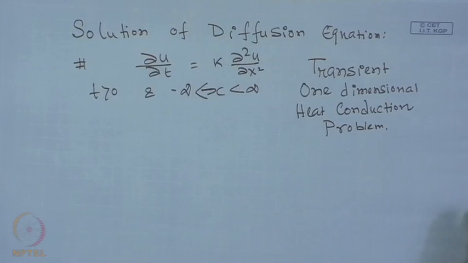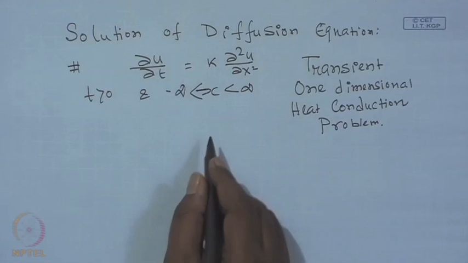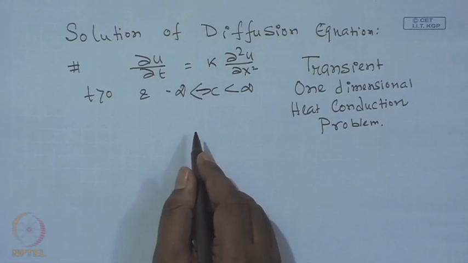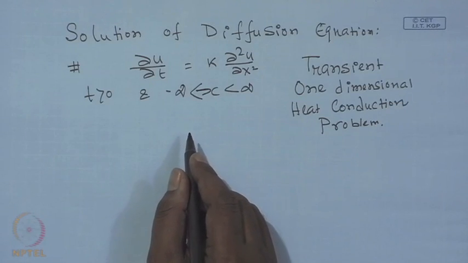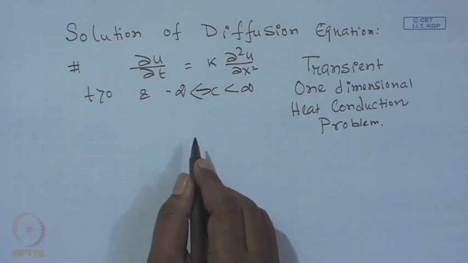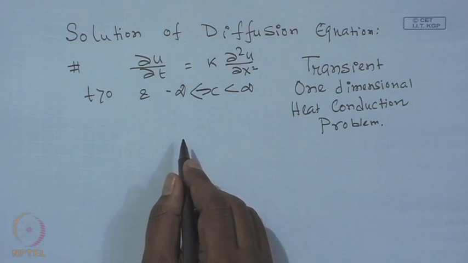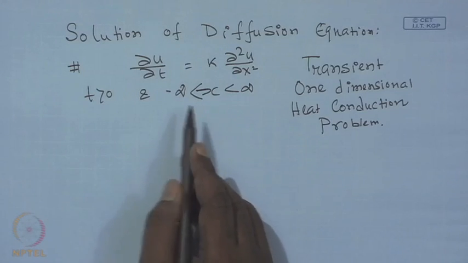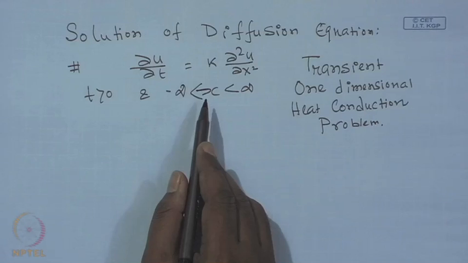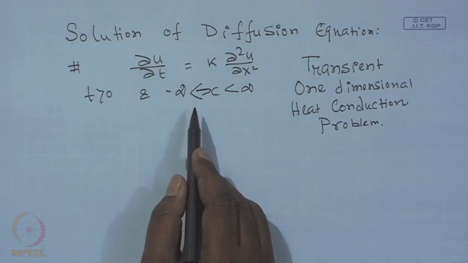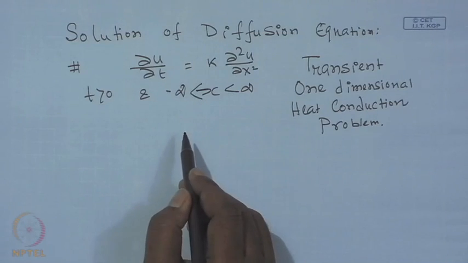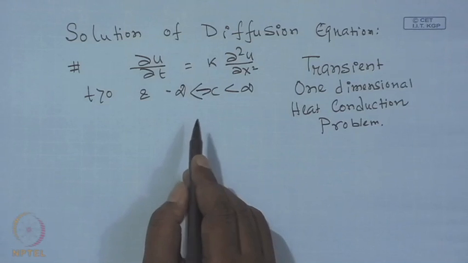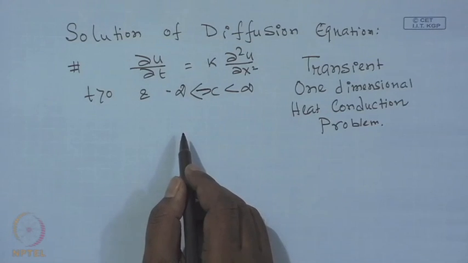Now, if you remember, we have solved this type of equation using separation of variables in the earlier classes. You must identify the difference between this problem and the separation of variables type of problem. The basic difference is, this represents transient one dimensional heat conduction, but the x dimension is pretty long. So, you have a very long plate across which the heat conduction is taking place.